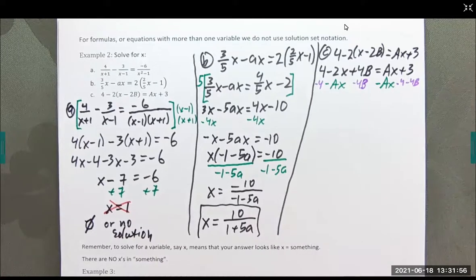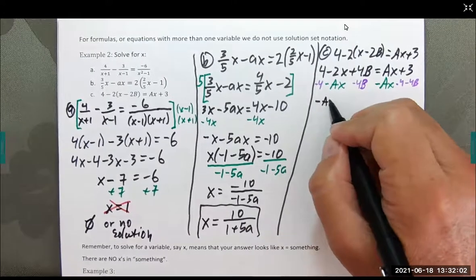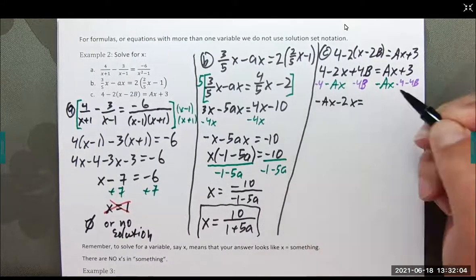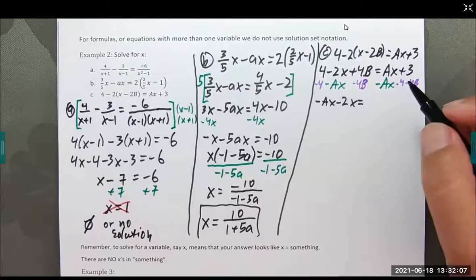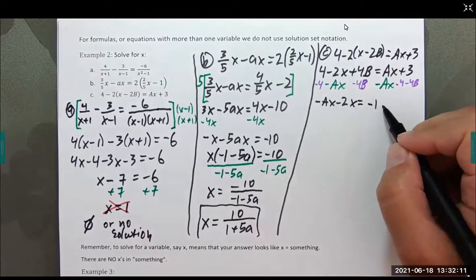We're going to end up on this side with negative ax minus 2x equals, and on this side, 3 minus 4 is negative 1, minus 4b.